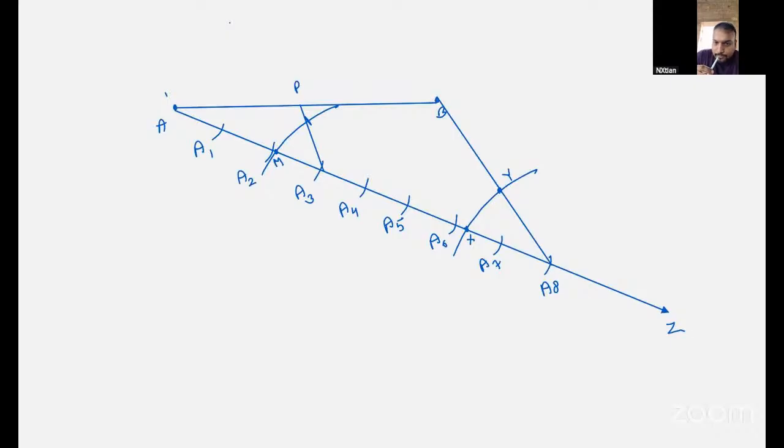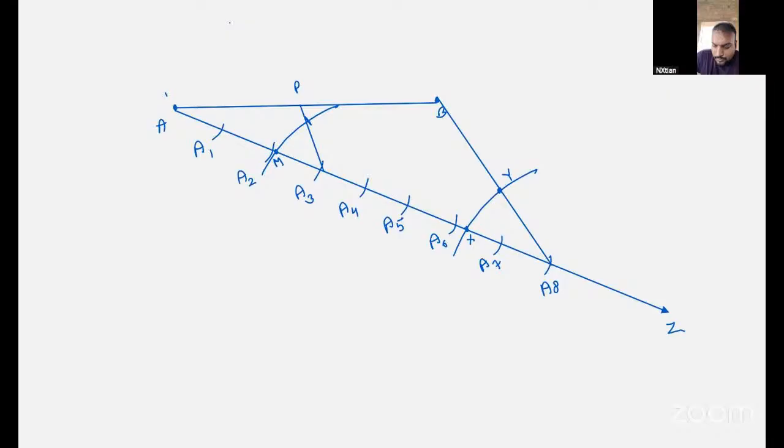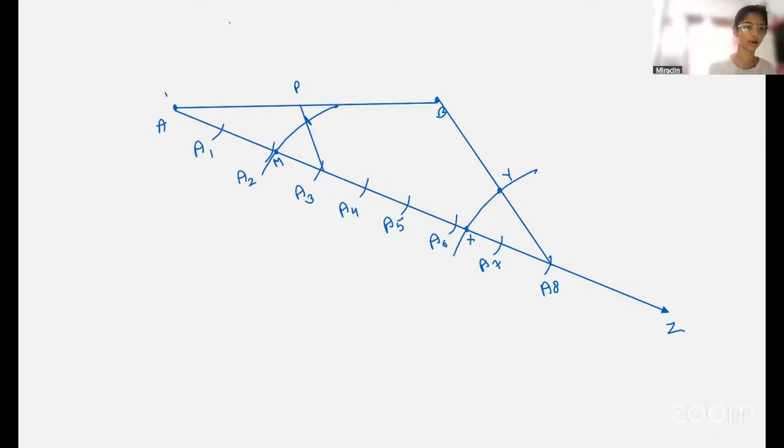When we are making the arc, we can open the compass to any centimeter, putting the point on A and making an arc.